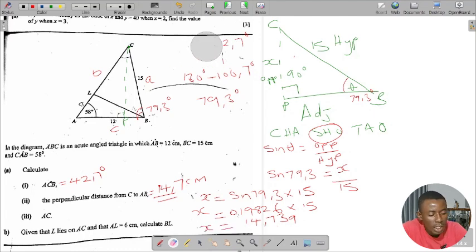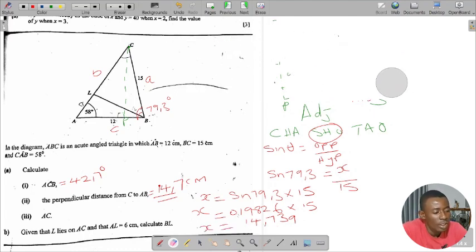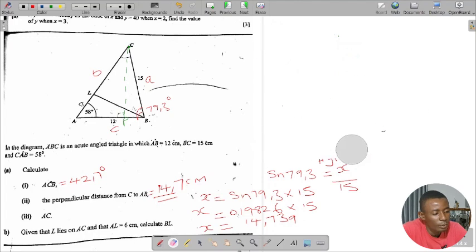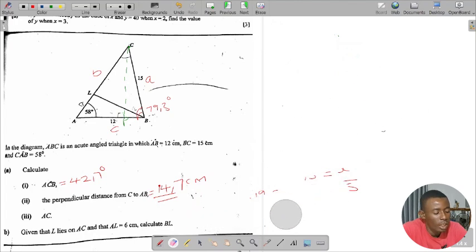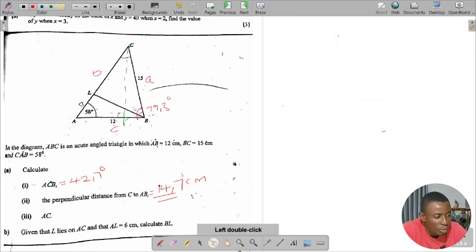And our next question is saying calculate AC, this side B. So to find AC, this is the side, and here we have an angle in the side. So we can use sine rule again.